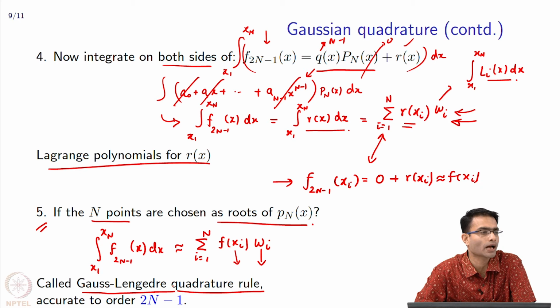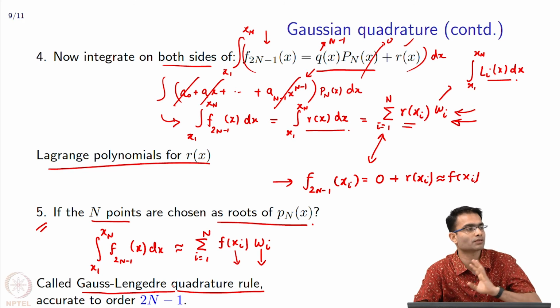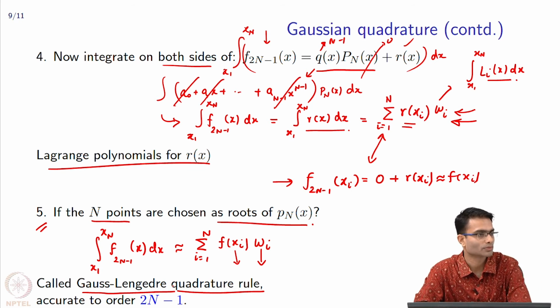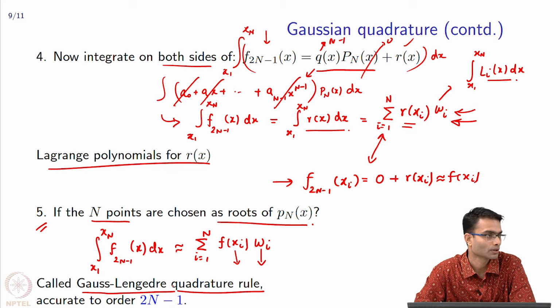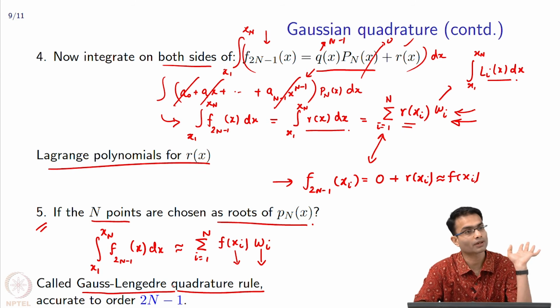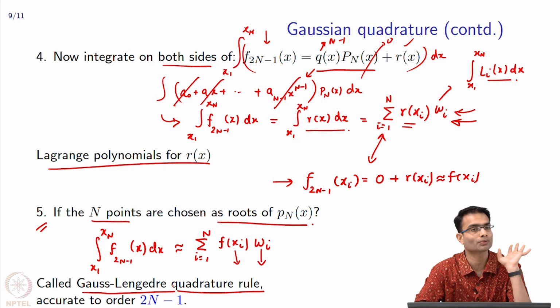If you tell me that I have access to the function only at 4 points, then you will create P_4(x). It is in your hand how much accuracy you want. But when you choose n equal to 4, your answer is accurate to what order? Order 2n minus 1, which is 7. In the earlier high school approach, our answer was accurate only to order 3, right, for n equal to 4.